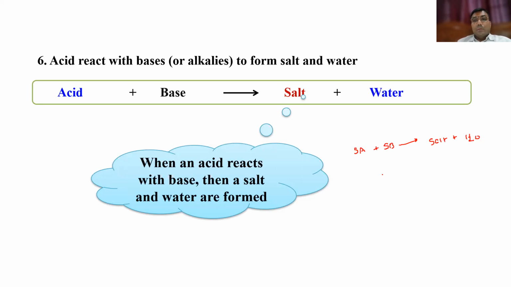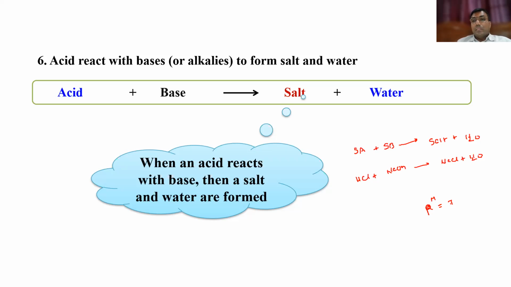For example, strong acid HCl. When you add strong base NaOH, what do you get here? NaCl plus water. And here, what is the pH of the solution? Can anybody answer? What is the pH of the solution roughly? Sir, neutral?